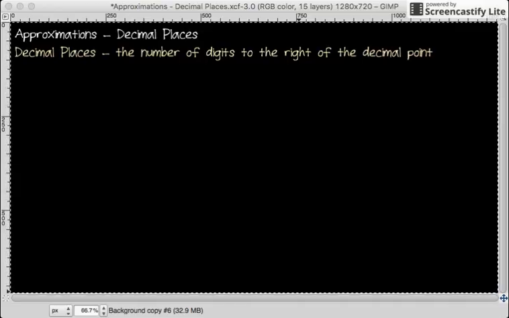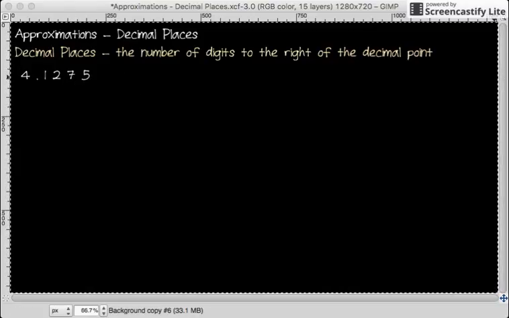When we count up decimal places, all we're going to do is count the numbers to the right of the decimal point. So if we had this number here, 4.1275, and we ask how many decimal places does this number have, we just go to the number and count them off. 1, 2, 3, 4.